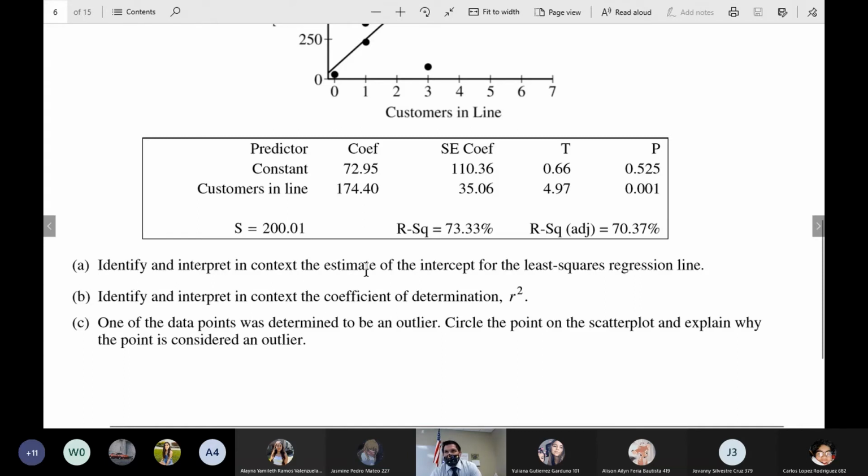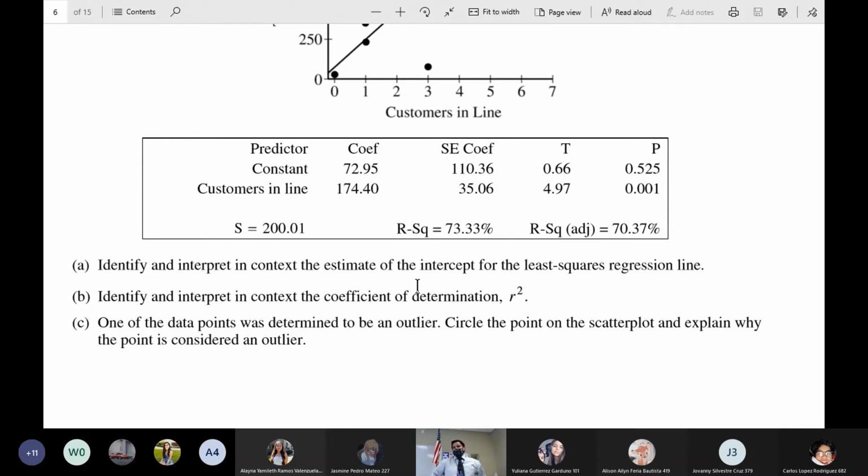Identify and interpret in context the estimate of the intercept for the least squares regression line. Well, we already saw it here. It's 72.95, and that's our y-intercept. So that's our estimate of the intercept. We also need to interpret it in context.